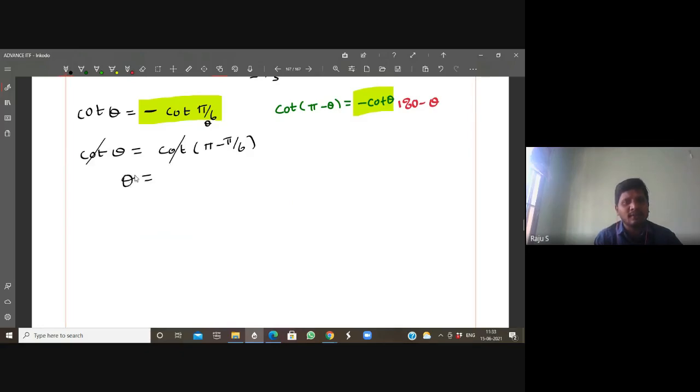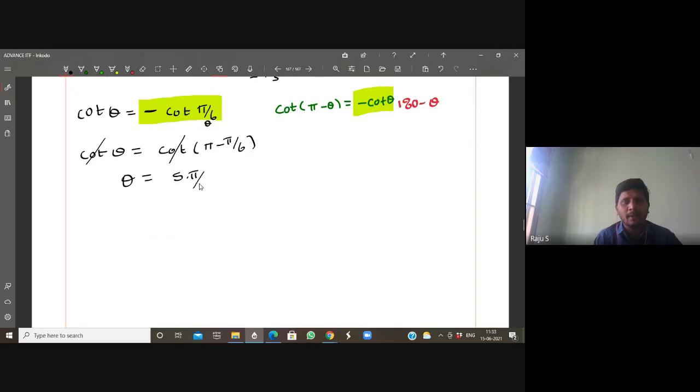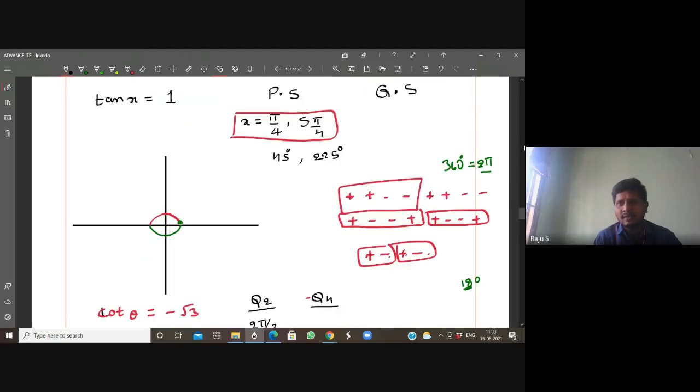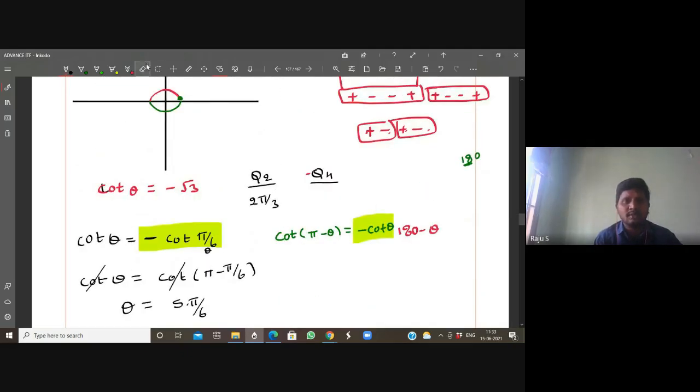Pi minus pi by 6 gives 5 pi by 6, that is 5 into pi by 6, which is nothing but 150. We got the angle: 5 into 30 is 150, lesser than 360, so this is one principal solution. The answer is 5 pi by 6.